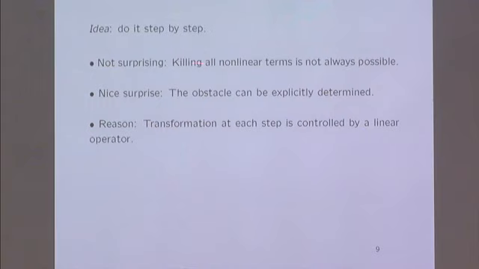It's maybe not surprising that it's not possible to kill all the nonlinear terms, but the nice surprise is that Poincare could find out what is explicitly the obstacle to doing this. And why is that possible? Because at each step, the transformation working in perturbation is controlled by a linear operator. Linear operators are the only case in which we can do something.